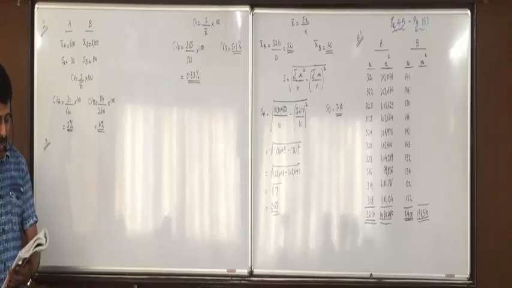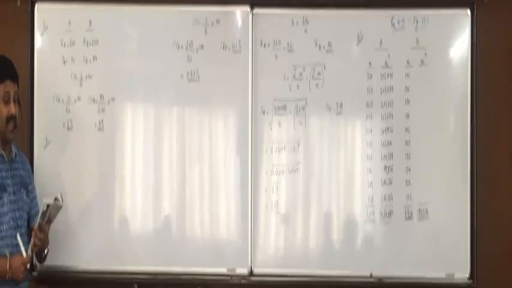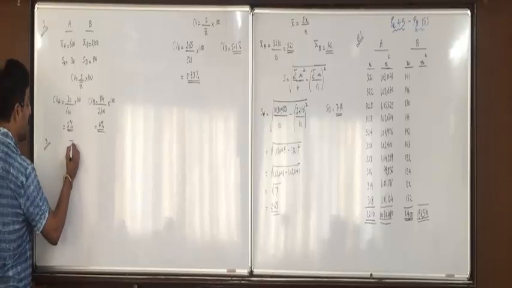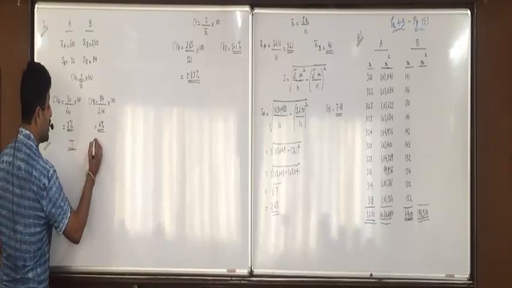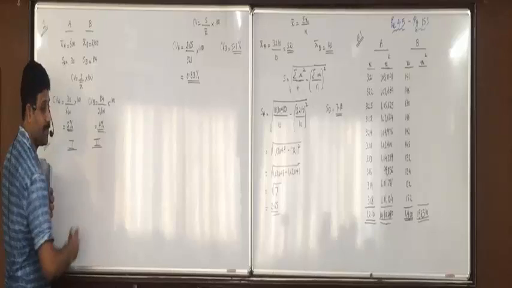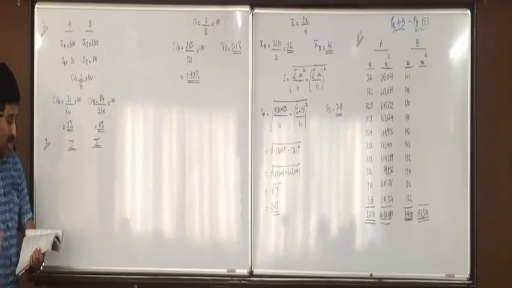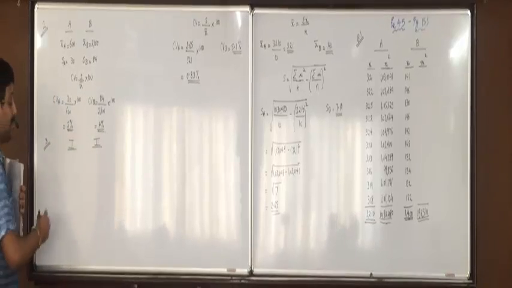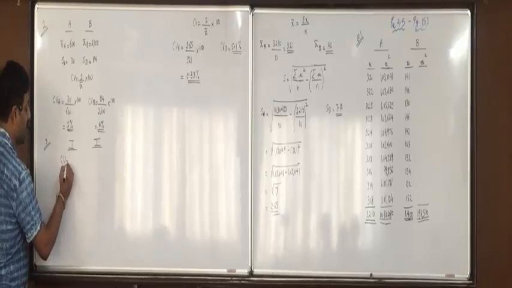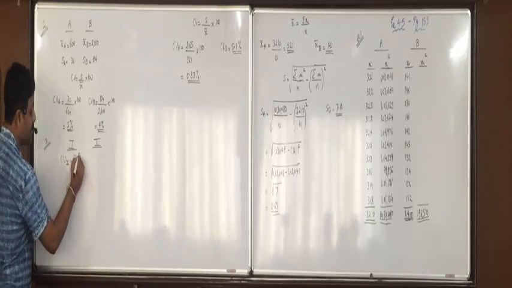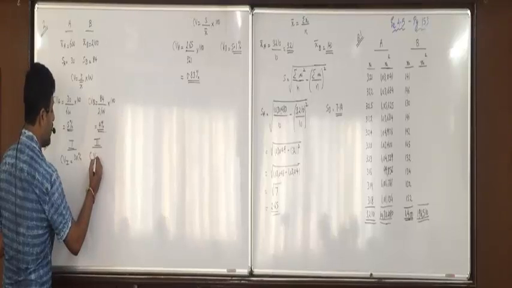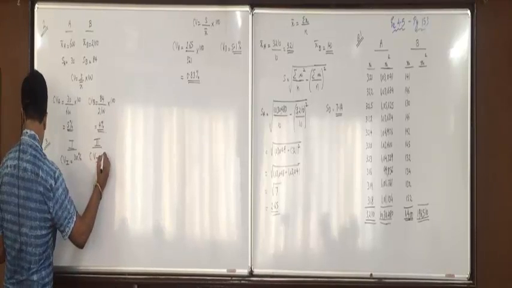The coefficient of variation of two series are 30% and 25%. Write down series 1, series 2. Now coefficient of variation of two series means write down CV of series 1 is 30%. CV of series 2 is 25%.